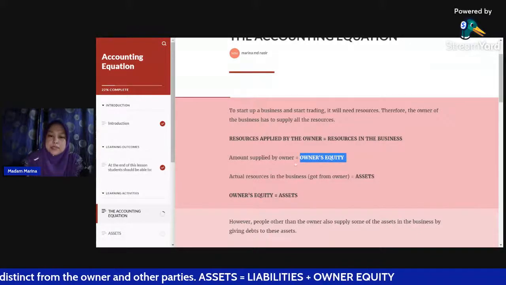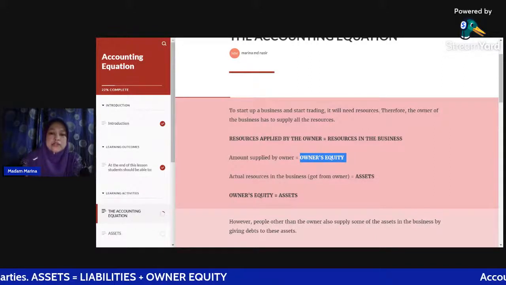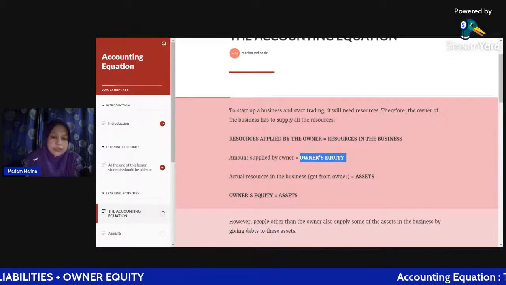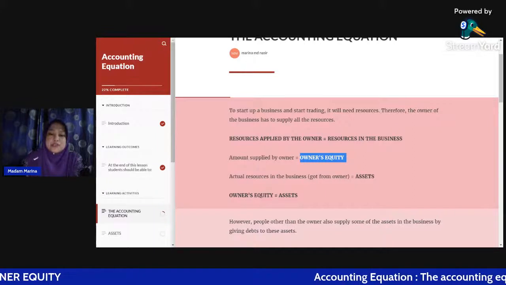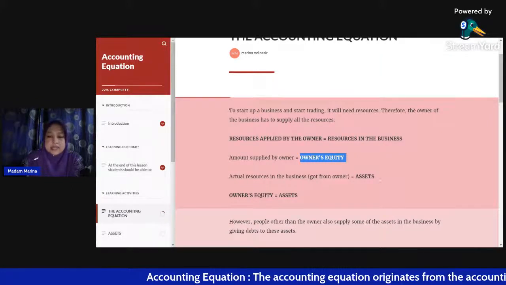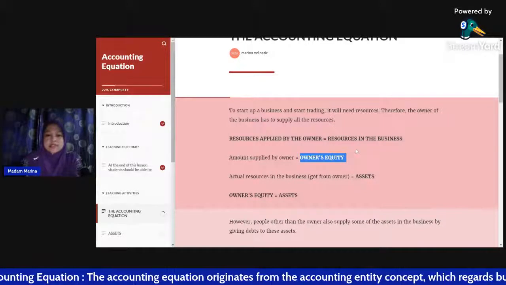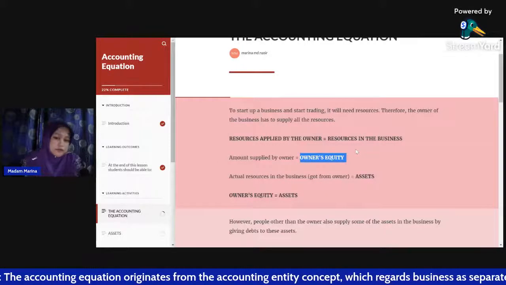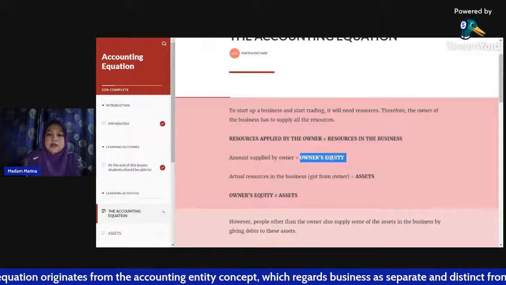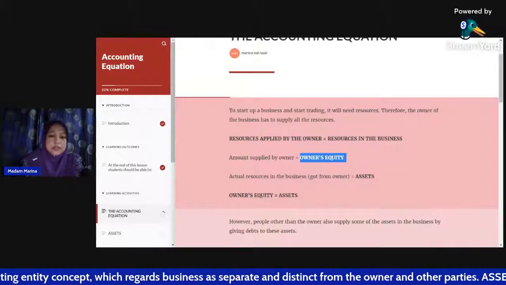Apa sahaja yang disumbangkan oleh pemilik ke dalam perniagaan itu kita panggil owner equity. The actual resources in the business that come from the owner, these are assets. Whatever resources the owner brings into the business, this is what we call assets.